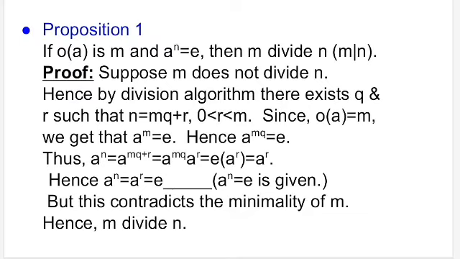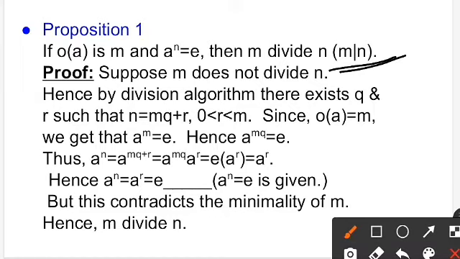What it says: if the order of A is M and A raised to N is E, where A is an element of the group and the order of that element is M, and also A to the power N gives us the identity, then M divides N, and we denote this like this.